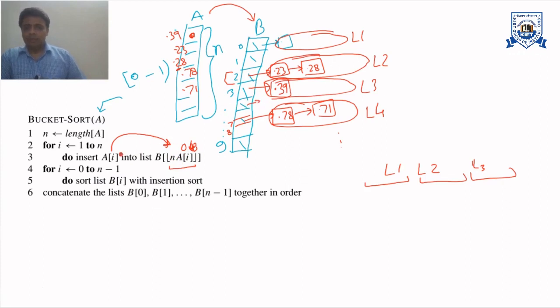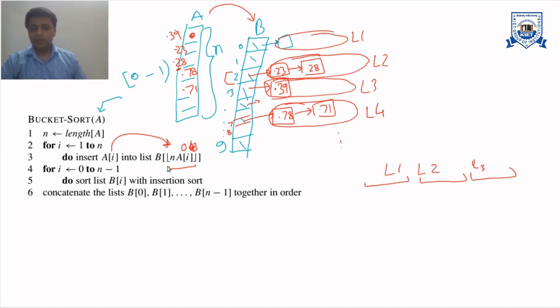That is how we put all the data from A[i] into the array B through a linked list representation. Once we are done with lines number 2 and 3, meaning we copied all the data from A to B, then we perform sorting on all the indexes.